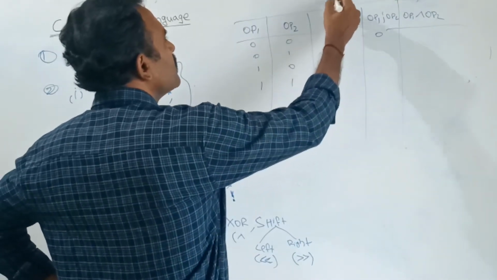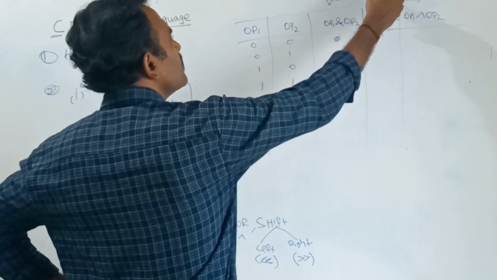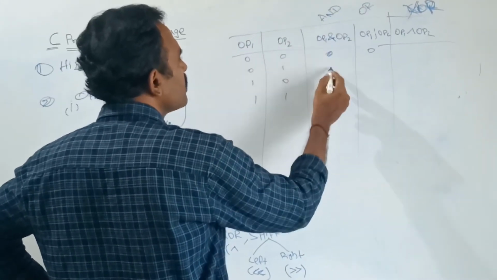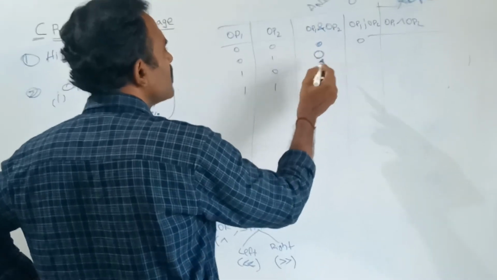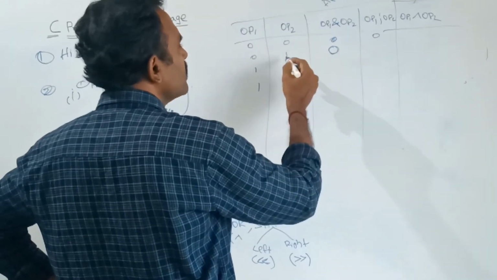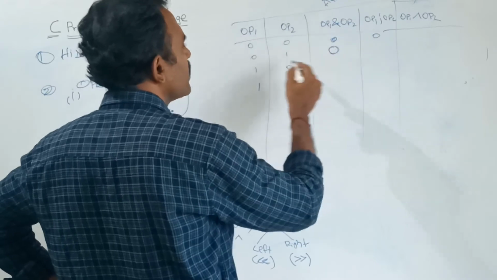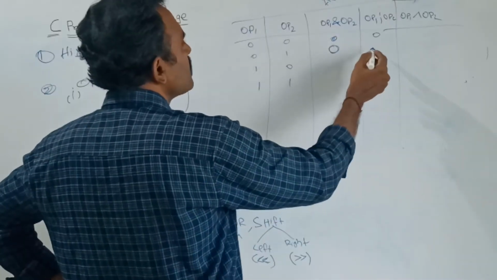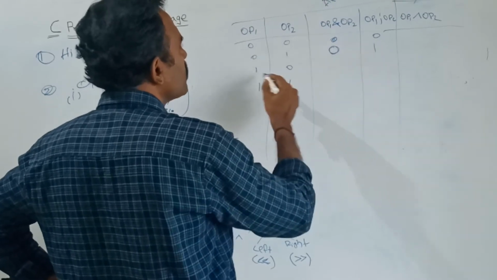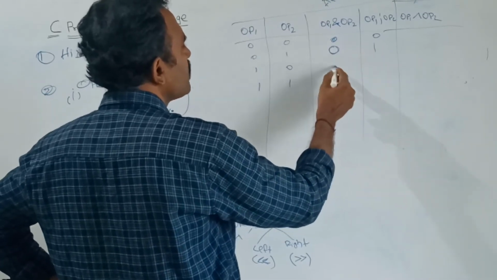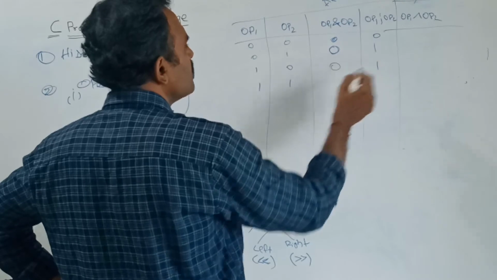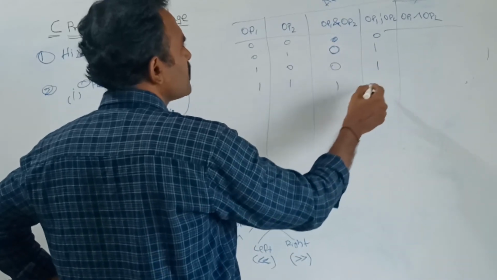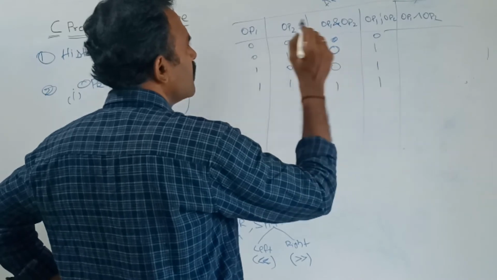This is for bitwise AND, and this is for bitwise OR. In the AND operator, if only one is true, the result will be false because both should be true. In the OR operator, if any one bit is true, the result will be true. If both bits are true, the result will be true for the AND operator and for the OR operator also.